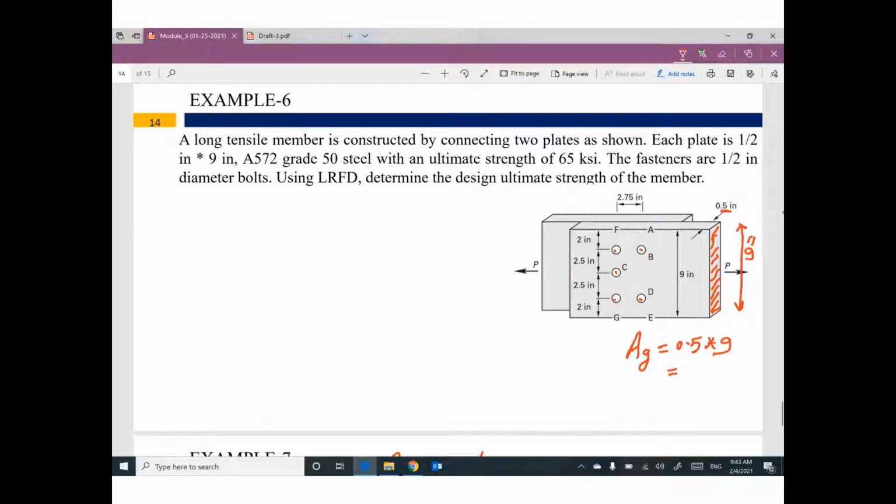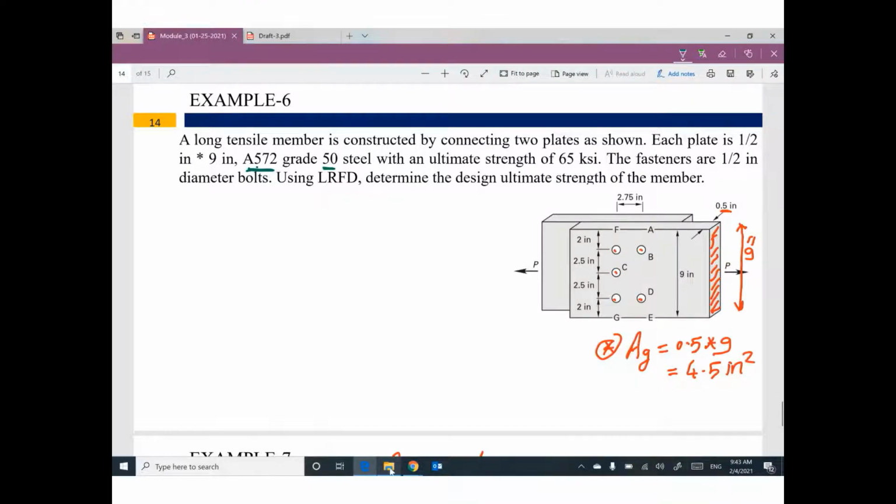The area gross will be 4.5 square inches. This is the first step. By the way, this is steel with type A572 grade 50.